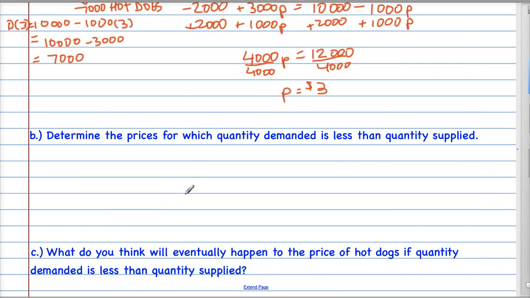Now, determine the prices for which the quantity demanded is less than the quantity supplied.